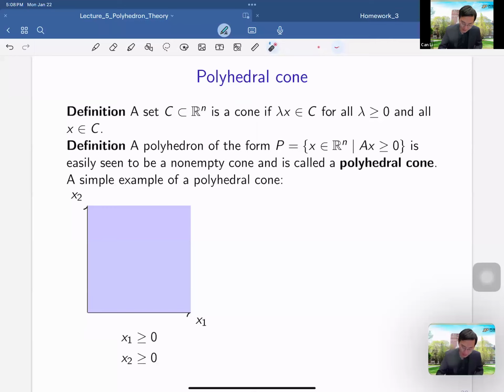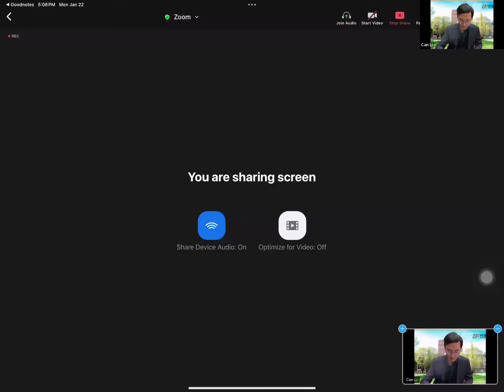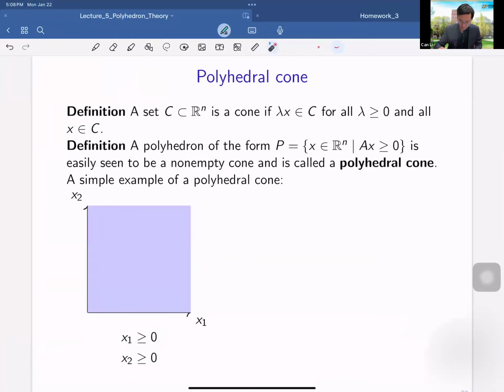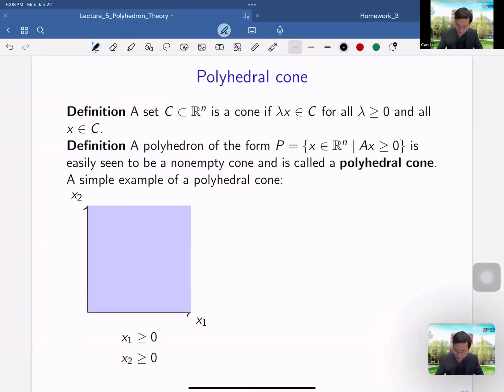And then a polyhedral cone can be expressed in this form, Ax greater than or equal to 0. Why this is a cone, you can check the definition. Let's suppose we pick any x such that Ax is greater than or equal to 0.